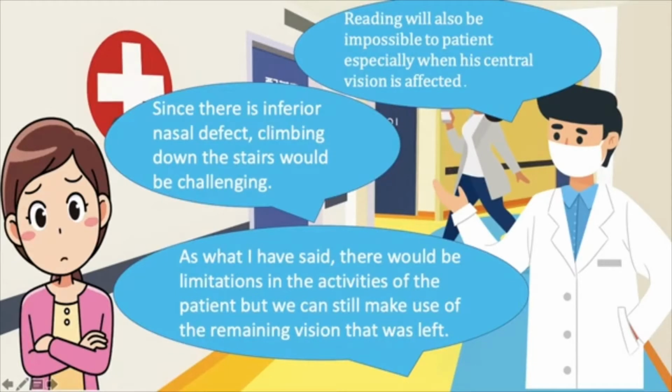Reading will also be impossible when central vision is affected. Since there is an inferior nasal defect, climbing down the stairs would be challenging. As I said, there will be limitations in the activities of the patient, but we can still make use of the remaining vision that was left.